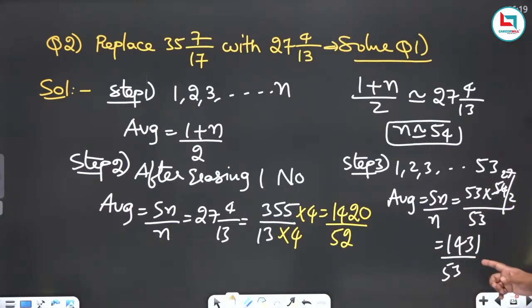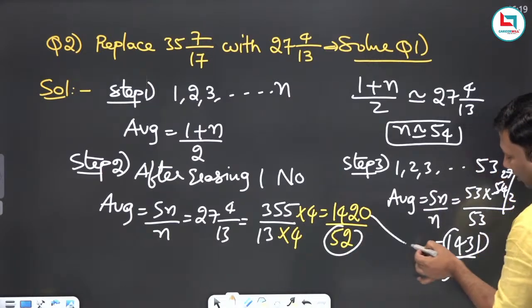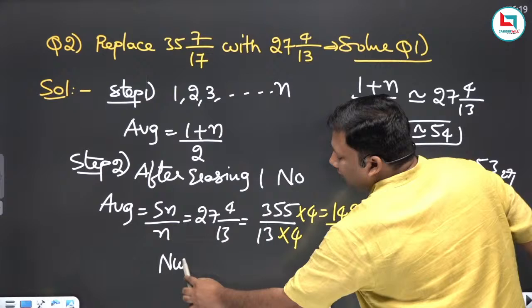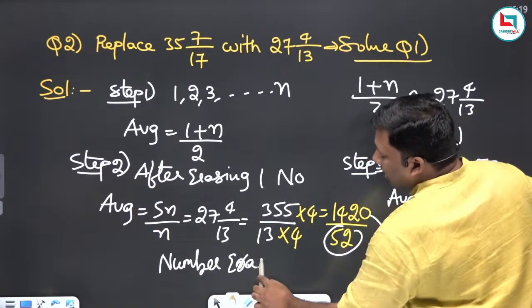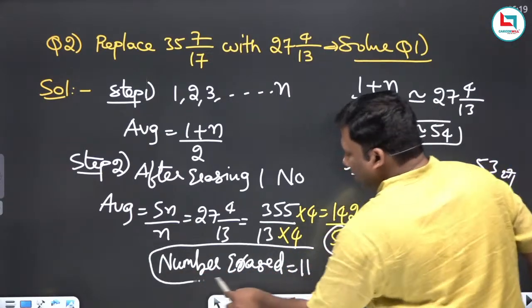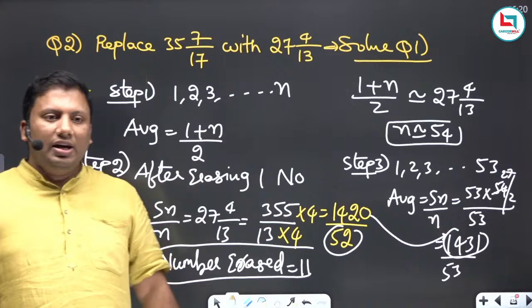There are 53 numbers on the board whose sum is 1431. After erasing one number, it became 1420. What is the number erased? 11. Very, very easy question. Unnecessarily people complicate it with x and y, when we can solve it very logically. The number erased will be 11.